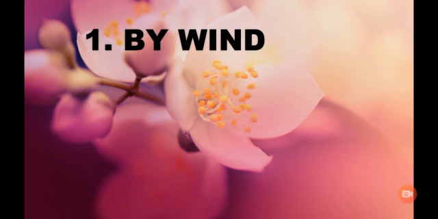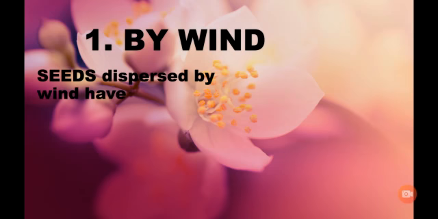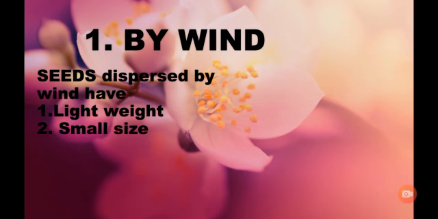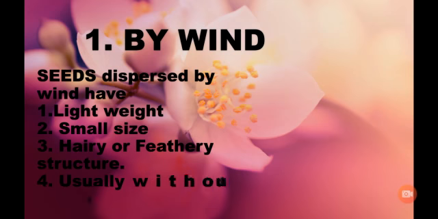First, the seeds that are dispersed by wind have light weight. They are very small in size. The third, they have hairy or feathery structures. The fourth, they are usually without fruits. These adaptations enable the seeds to be carried by the wind, because of their very small size and very low weight, to disperse around in their environment.